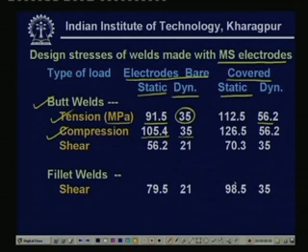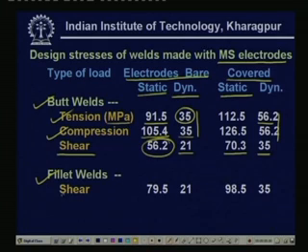Here it is observed that for dynamic loading it makes no sense to talk of tension and compression if the loading is completely reversing, because in half the cycle it will be in tension and in half the cycle in compression. So, they are equal in both cases. For shear, again it is sufficiently low, and for dynamic stress this is 21. For the covered electrode, static stress is 70.3, and for dynamic load it is 35.